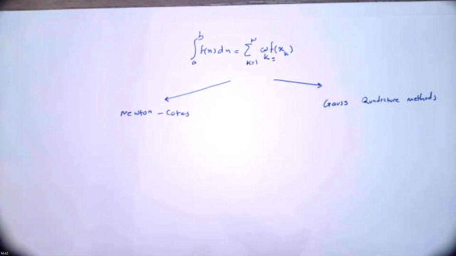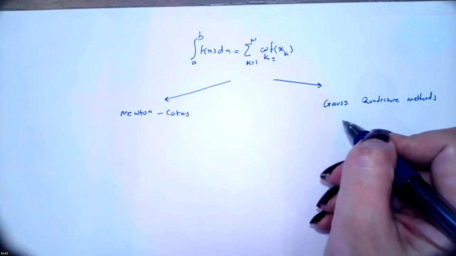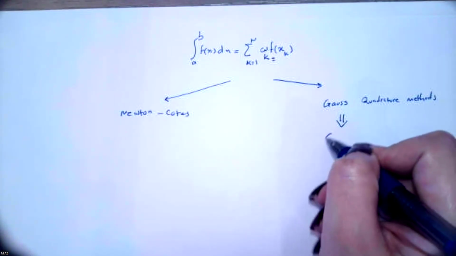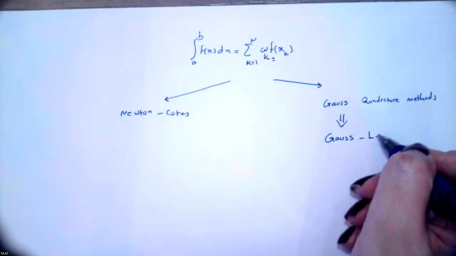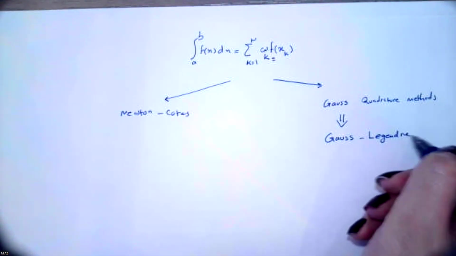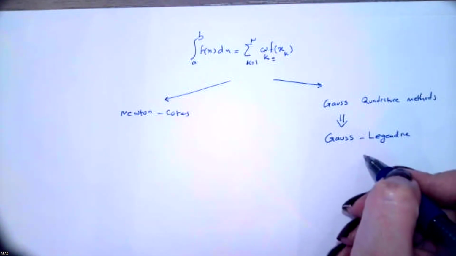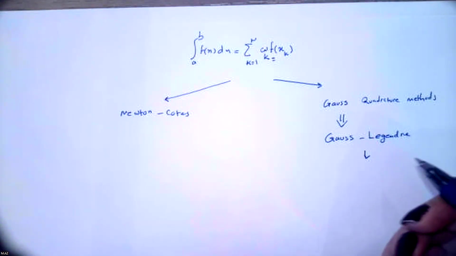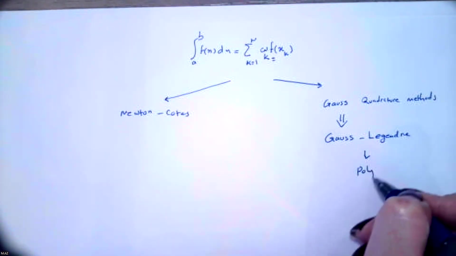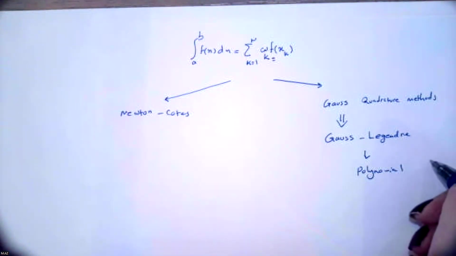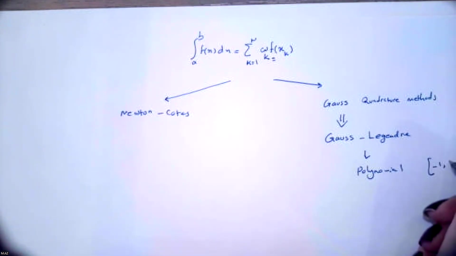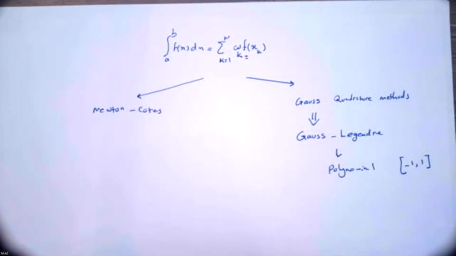These rules optimally integrate polynomial functions. If we focus on the Gauss-Legendre rules, this optimally integrates the polynomial on an interval of -1 and 1.